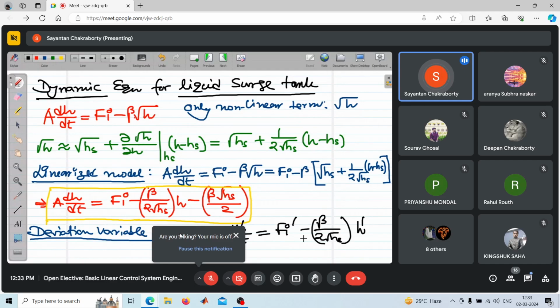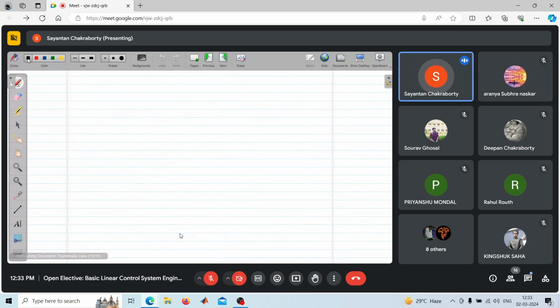Actually, write this so you can relate properly. Now let's see how this equation comes about. How do I arrive at this deviation variable model? To arrive at the deviation variable model, you have to first obtain the equation at h equal to hs. What can you write?